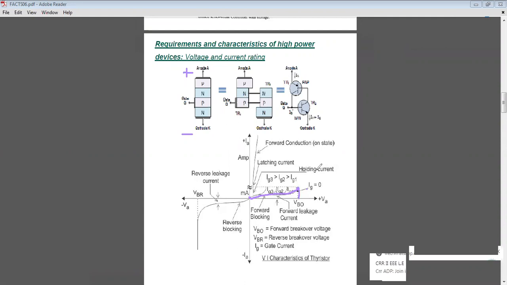Those are the definitions of latching current and holding current. The forward breakover voltage is defined as the maximum voltage at which it will come to the on state without gate current. Remember, here you are switching on this thyristor just by slowly increasing the voltage value. By applying different gate signals, you can switch on the thyristor at lower values.